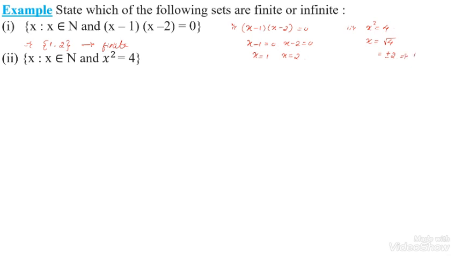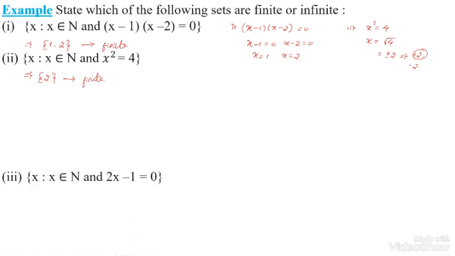It means it is plus 2 as well as minus 2. Now, here x belongs to natural numbers. We get two solutions, plus 2 and minus 2. The natural numbers contain only positive numbers, starting with 1 only. That's why here there is only one element. Therefore, it is also a finite set.